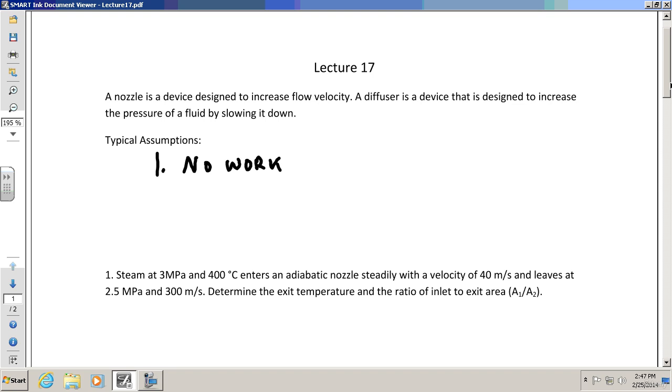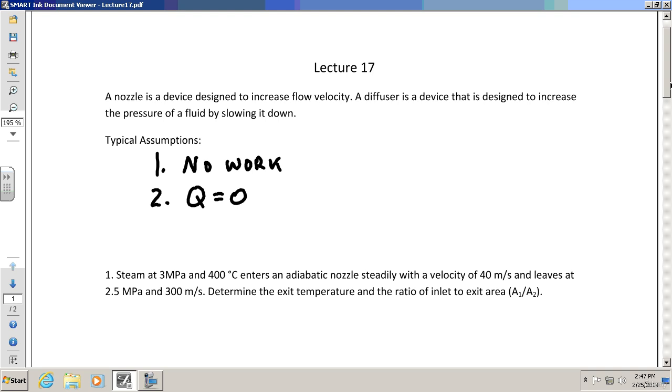Second of all, we're going to assume that nozzles and diffusers have no heat transfer. Is it possible somewhere out there there's a problem that has a nozzle or diffuser with heat transfer? Maybe. But almost all cases we're going to assume it's adiabatic, no heat transfer.